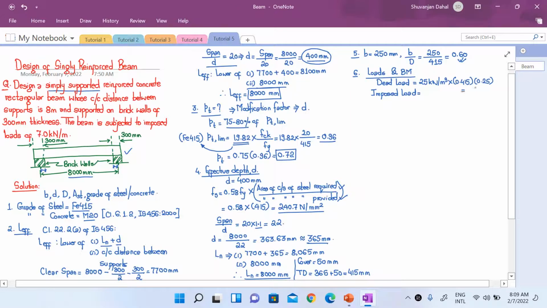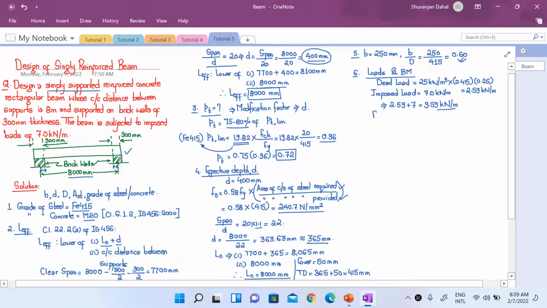You get the dead load to be 2.59 kilonewton per meter. The imposed load is given in question as 7 kilonewton per meter. So total load comes out to be 2.59 plus 7, which is 9.59 kilonewton per meter.